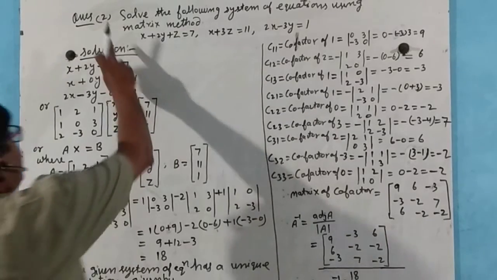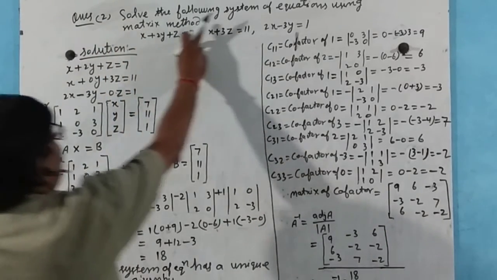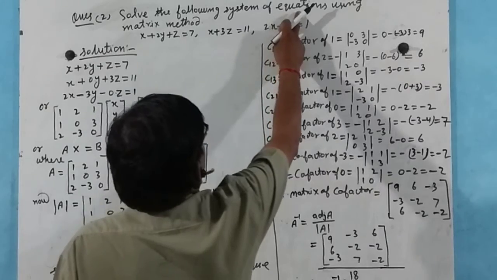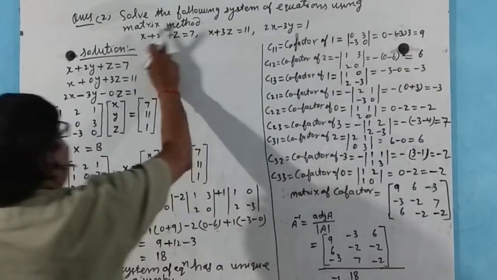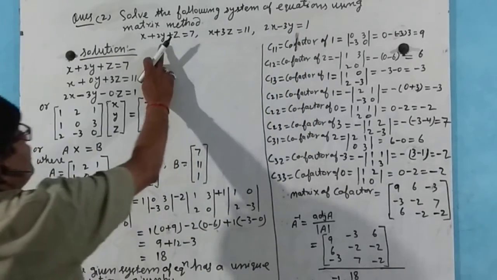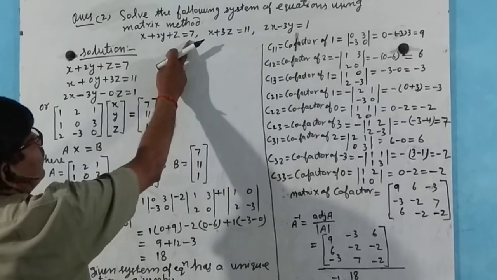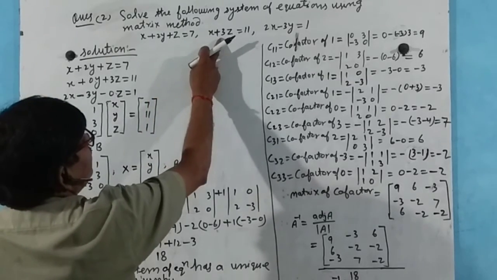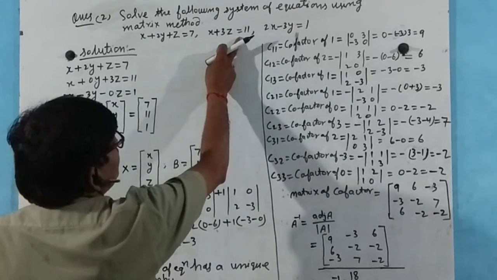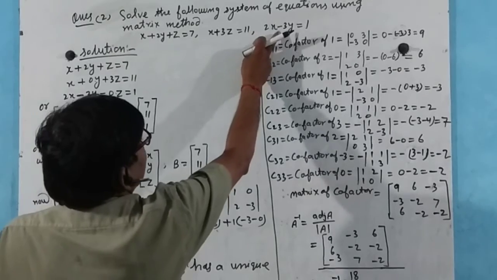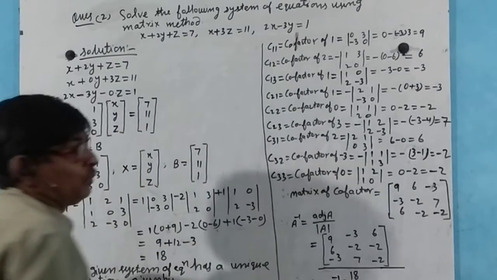Now question number two. Solve the following system of equations using matrix methods: x plus 2y plus z equal to 7, x plus 3z equal to 11, and 2x minus 3y equal to 1.